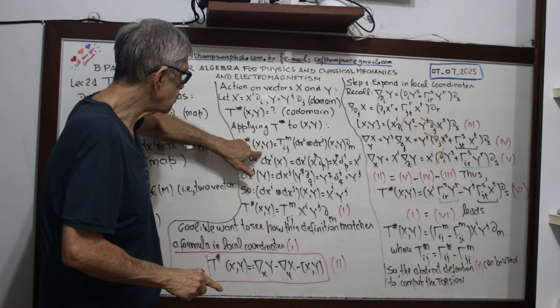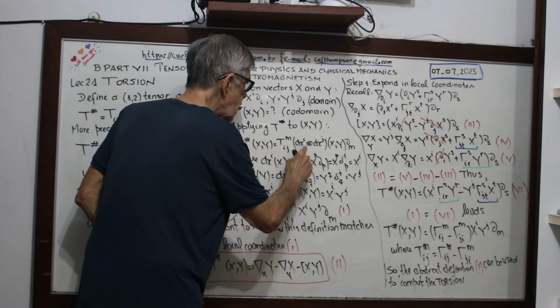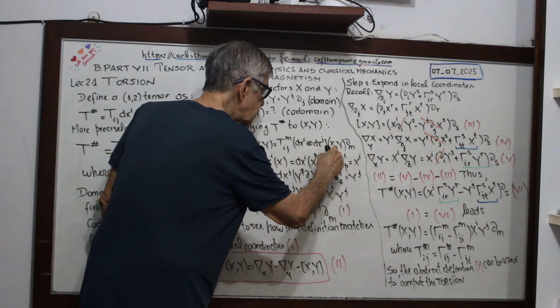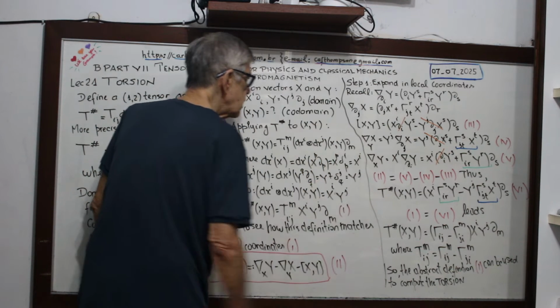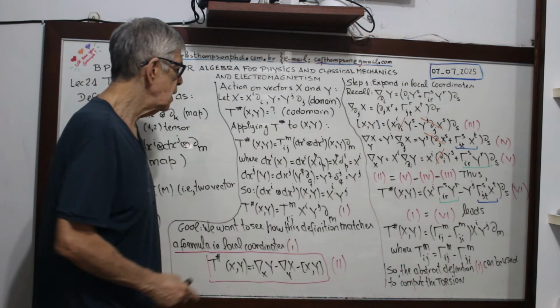T#(X, Y) is T^m_{ij} dx^i ⊗ dx^j, now applied to X and Y, times ∂/∂x^m.